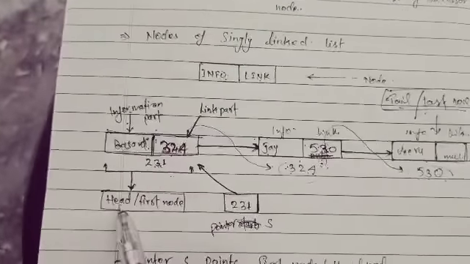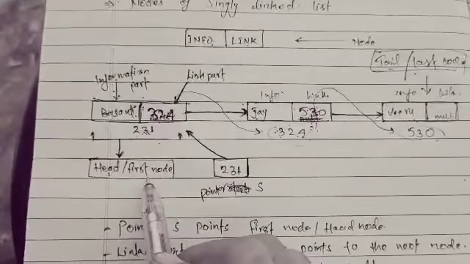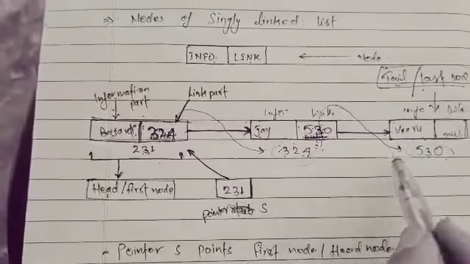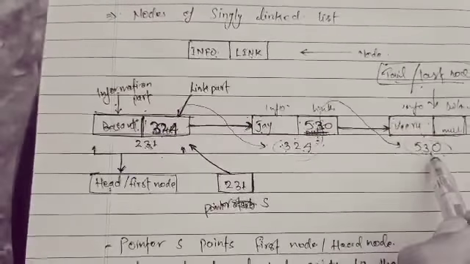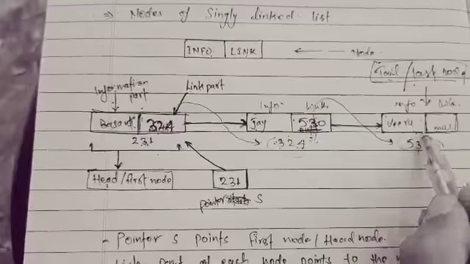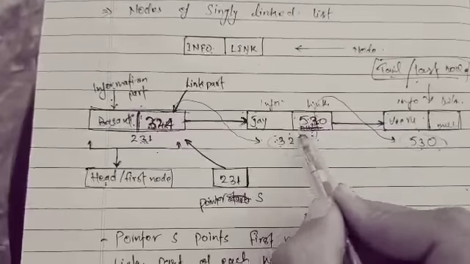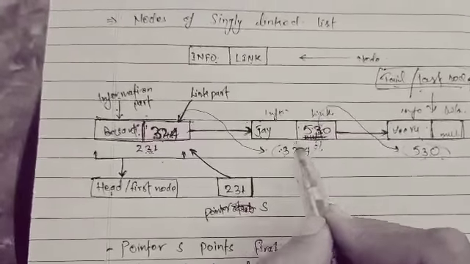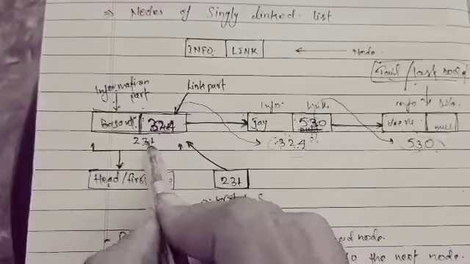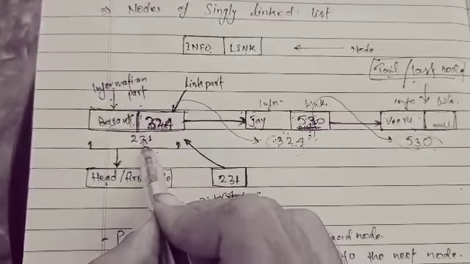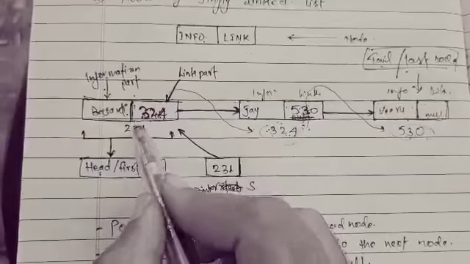And the first node is called the head node or first node. So for this node the address should be this, and for this node the address should be this.